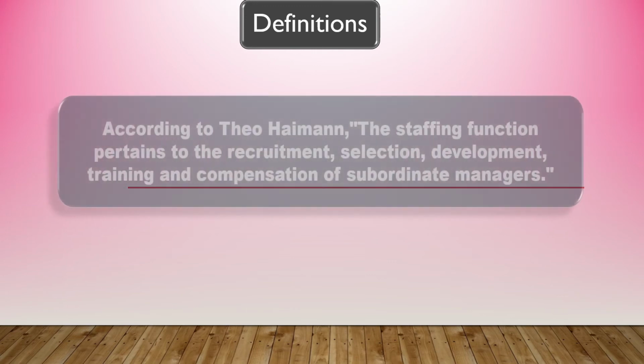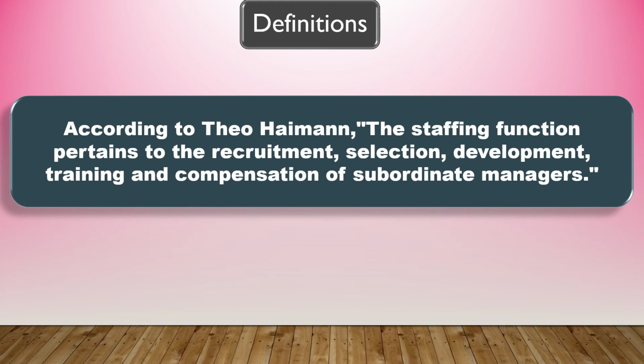Let us study the definitions of staffing. First definition, according to Theo Hammond, the staffing function pertains to the recruitment, selection, development, training, and compensation of subordinate managers. In simple words, the main goal of staffing is to fill the various roles within the company with suitable candidates.